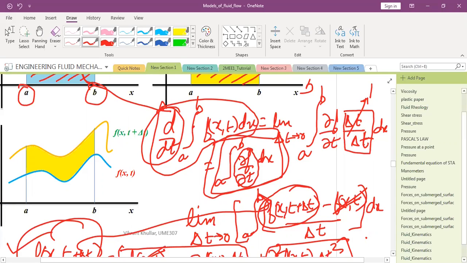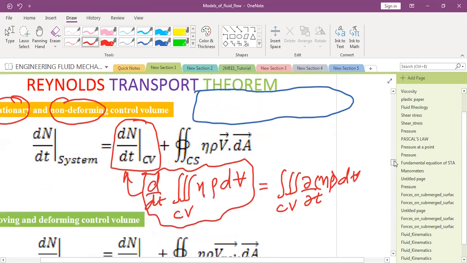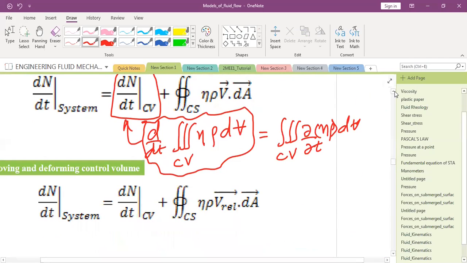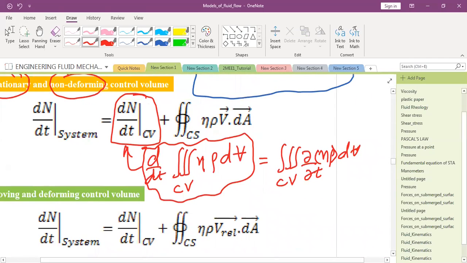This was only possible. Why? Because limits themselves were not changing with respect to time. If these were changing, you will not get this simplified formula. So please remember, when in the Reynolds transport theorem I write down this as this, it simply reminds me of the fact that limits are not changing.